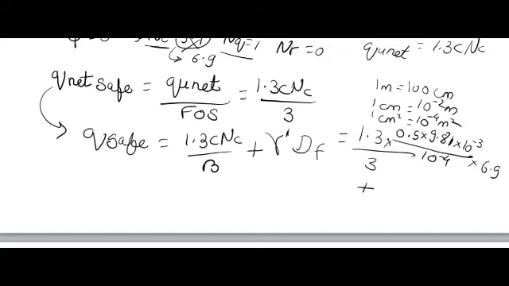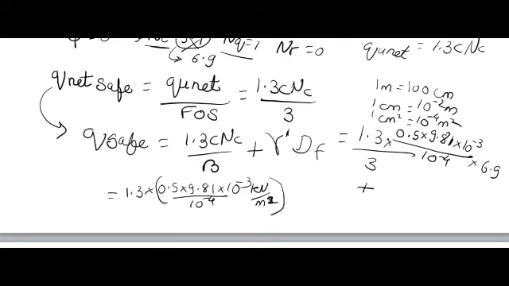So this whole term becomes, I will write here again, 1.3 into 0.5, that is the C term, into 9.81. We have converted C from kg per centimeter square to kilonewton per meter square by multiplying by 10 raised to power minus 3 divided by 10 raised to power minus 4. So this becomes kilonewton per meter square.